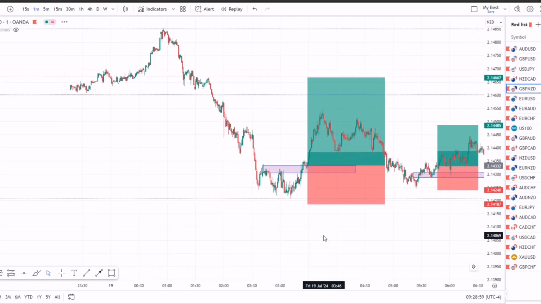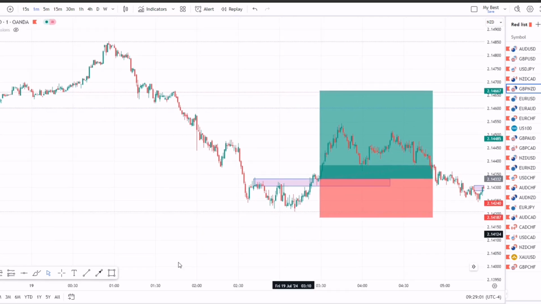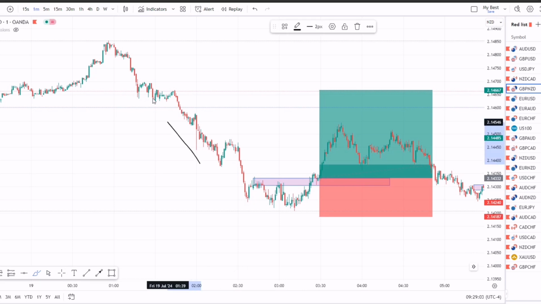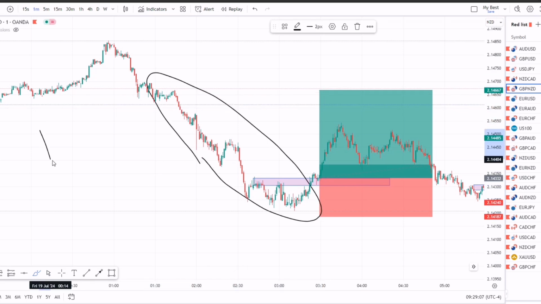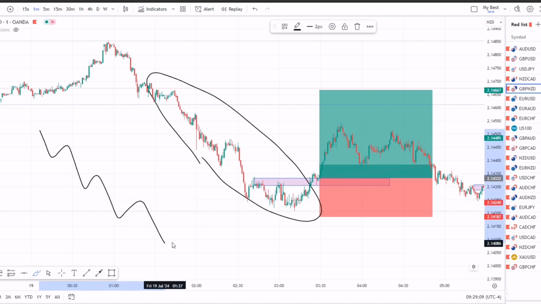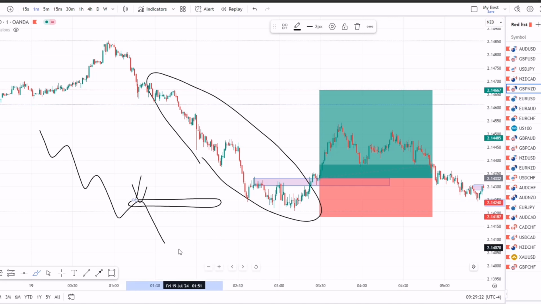Okay, so right here, this was the setup or the pattern that I look for. A downward zigzag or a trend, whatever you call it. You don't need to be familiar with the terms. All you want to see is price coming to close above the last key level.